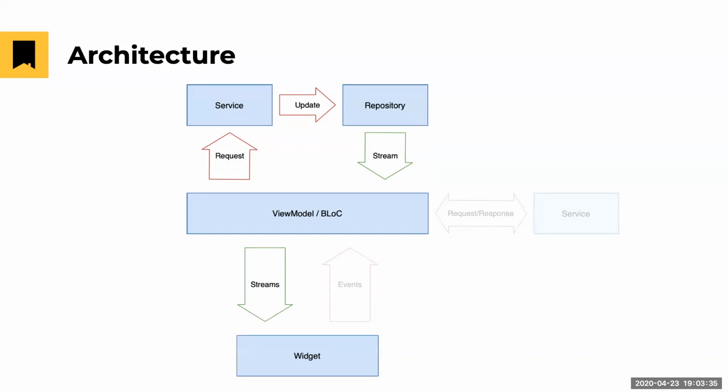In this case, widget again receives an updated state through this stream. In any case, widget knows only about its view model. View model knows about repositories and services, and the latter ones know nothing about widgets and view models. This allows us to build a cleaner architecture where high levels don't depend on low levels.